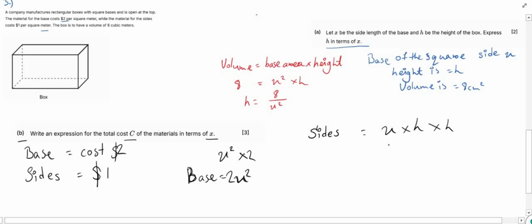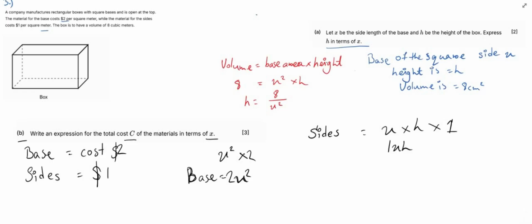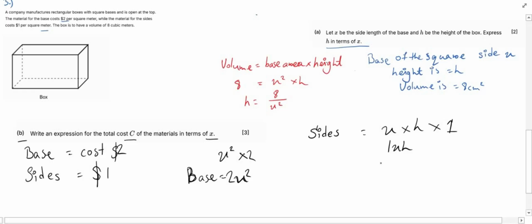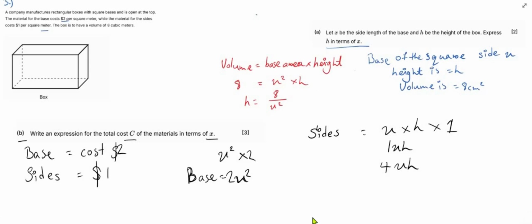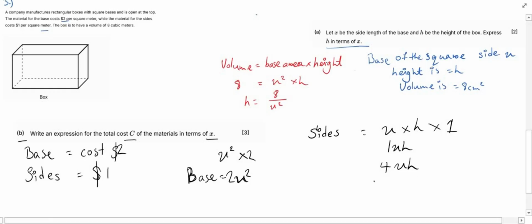For this one side, it will be 1xh, and for 4 sides, it will be 4xh. Now the h value, we already got in part A, so we can substitute it as 4x times 8 by x squared.